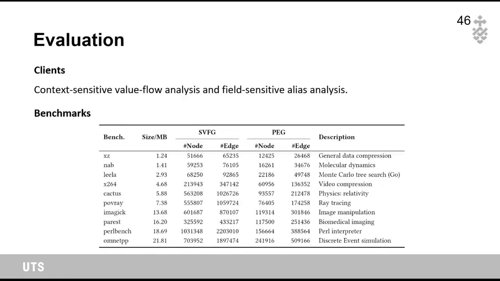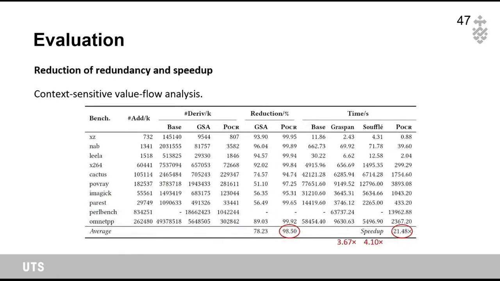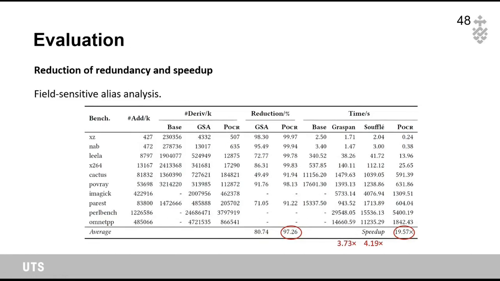In the paper, we evaluate our technique on context-sensitive value flow analysis and field-sensitive alias analysis, running on 10 C and C++ programs on the SPEC CPU 2017 benchmark set. The result is promising. We can see that our technique reduced over 97% of the derivations for both clients and achieved speedups larger than 19 times over the standard algorithm.